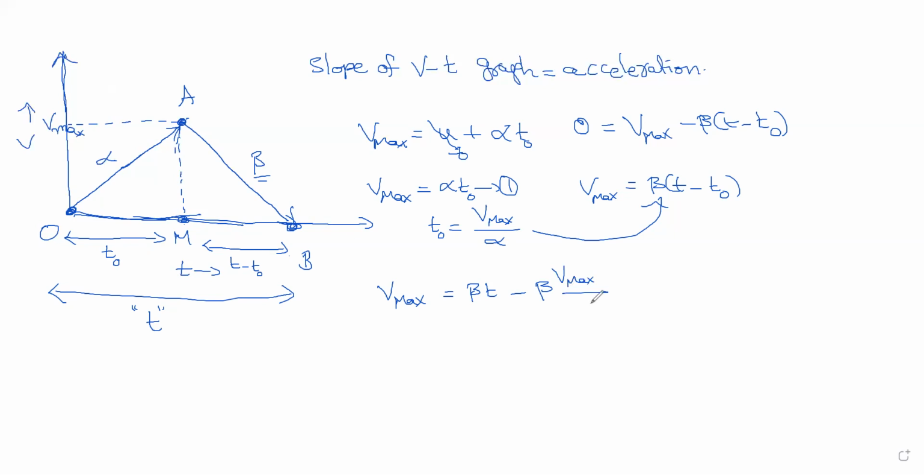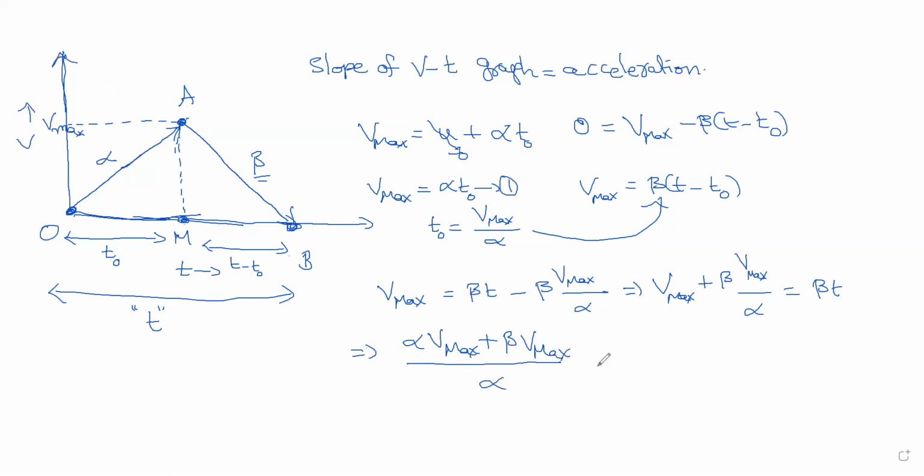Get the Vmax terms on one side: Vmax plus beta into Vmax by alpha is equal to beta T. Now take the LCM: alpha Vmax plus beta Vmax, whole divided by alpha, is equal to beta T.